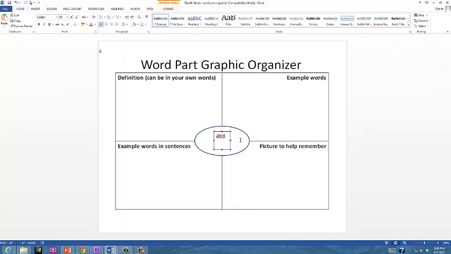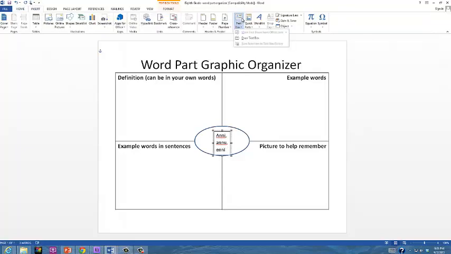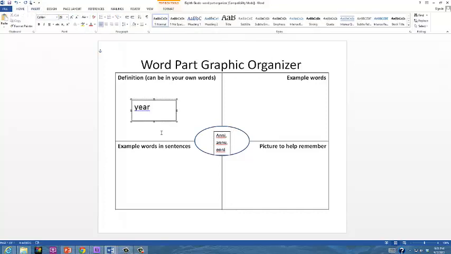So I'm going to start with the word part ANNI, ANNU, and ENNI. Then you need to come up with a definition of the word part in your own words. We know that the definition means year. We also know our 2 example words from looking back at our original word mapping chart that you copied down on your own sheet of paper.